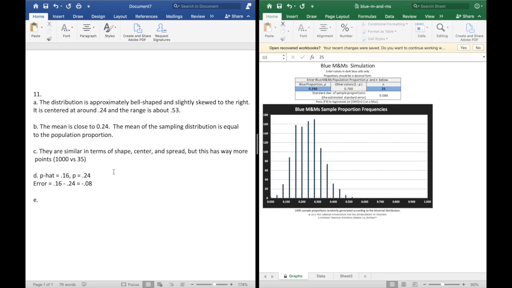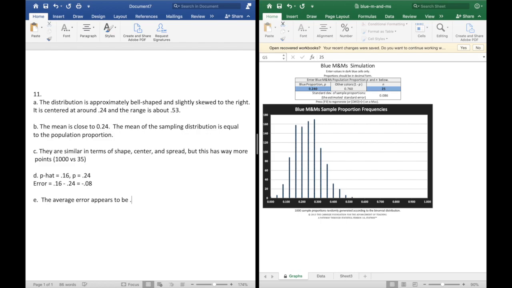So I'll type that here for part E. The average error appears to be, actually, let's make this simple, right? It looks like it's about from here to here. I'm going to go from this notch to this notch, okay? So that would be about 0.10.